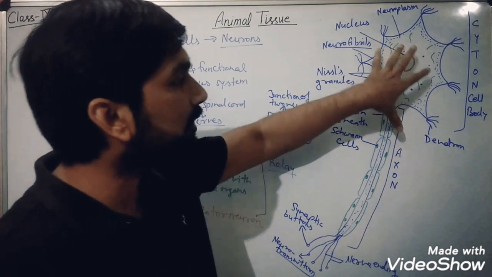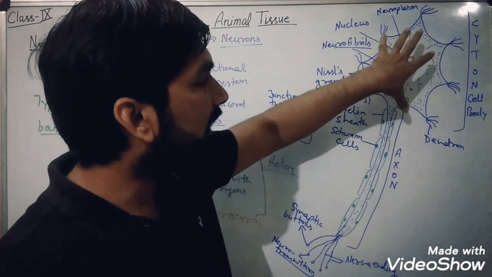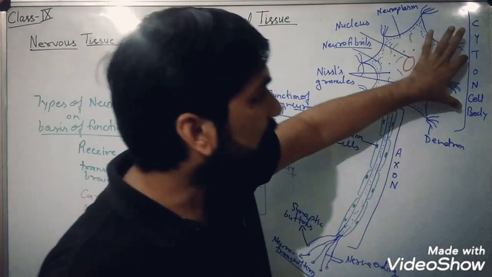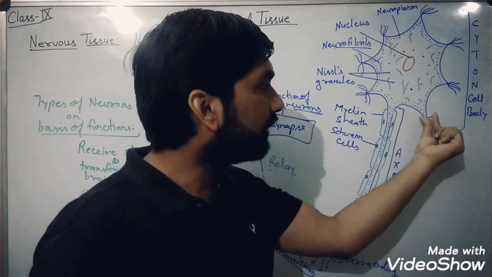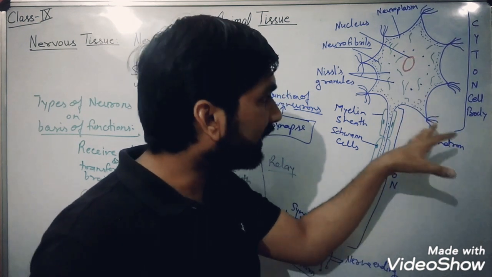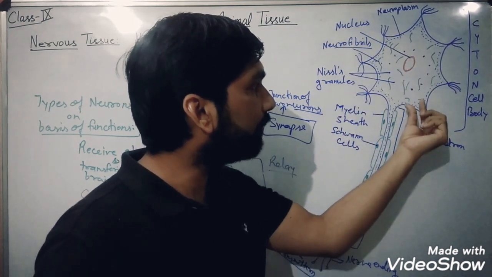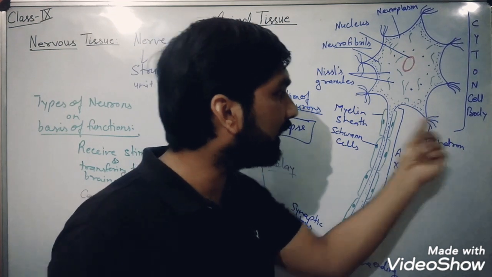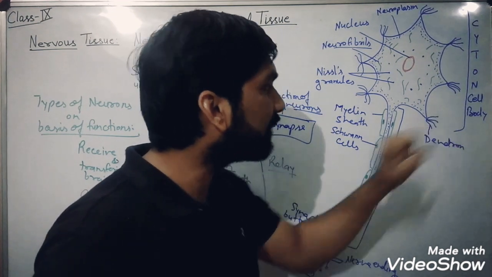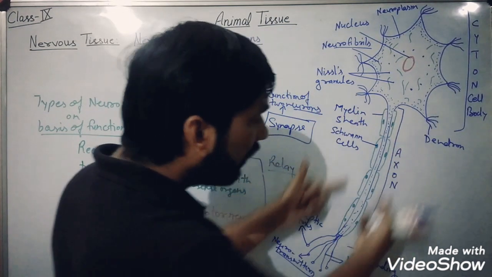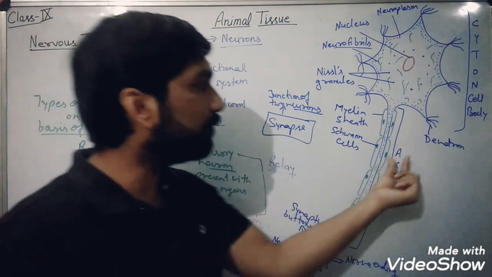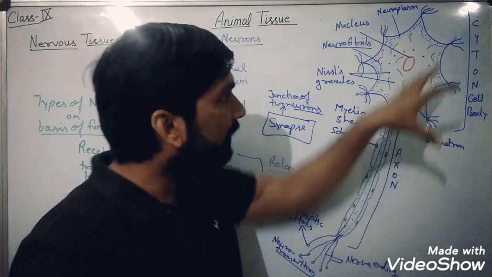When we see the structure of the nerve cell, we see three parts: the cyton or cell body, the small hair-like projections from the cyton known as dendrons, and one long thick branch known as the axon.